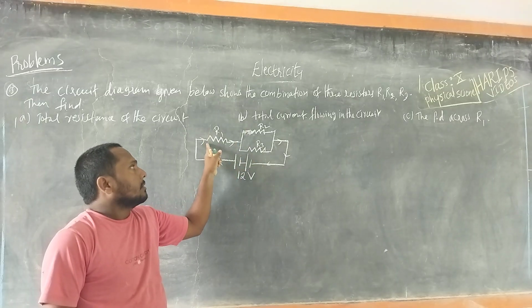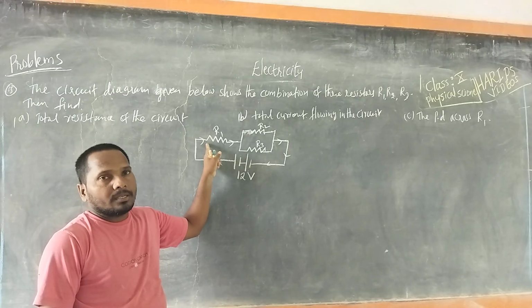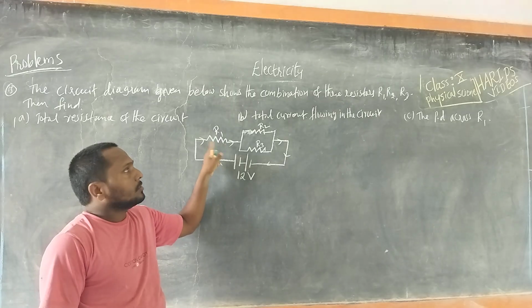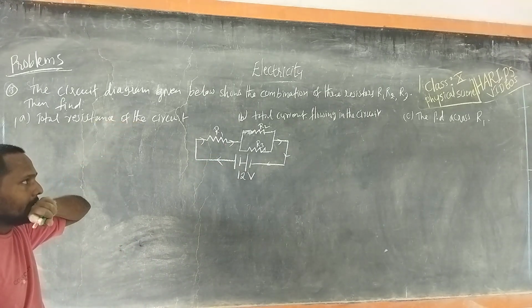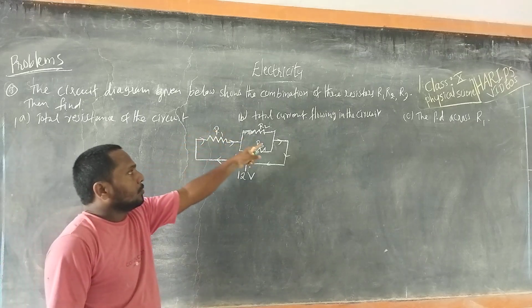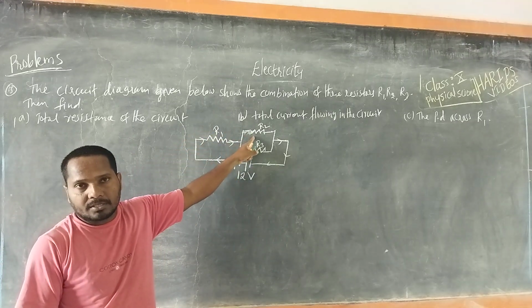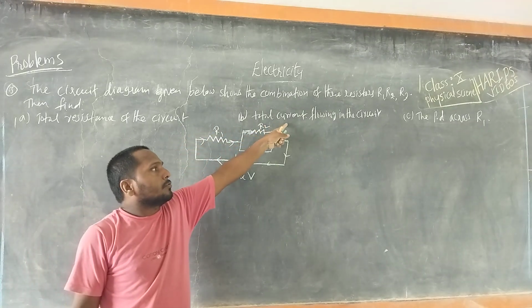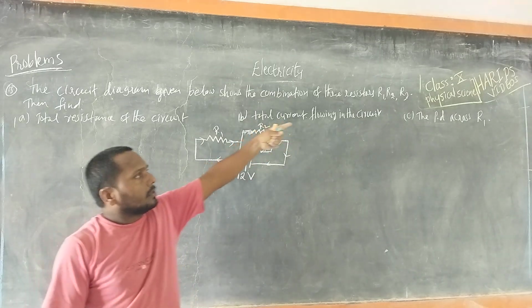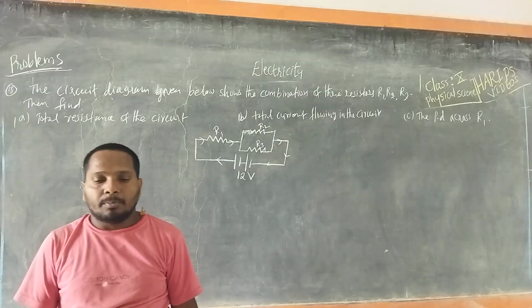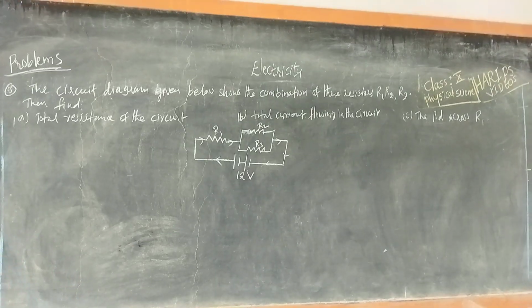Then find out the total resistance with R1. That is equal to the total resistance of the circuit. Then after knowing the total resistance, we need to find the current flowing in the circuit. After that we can find the potential difference.